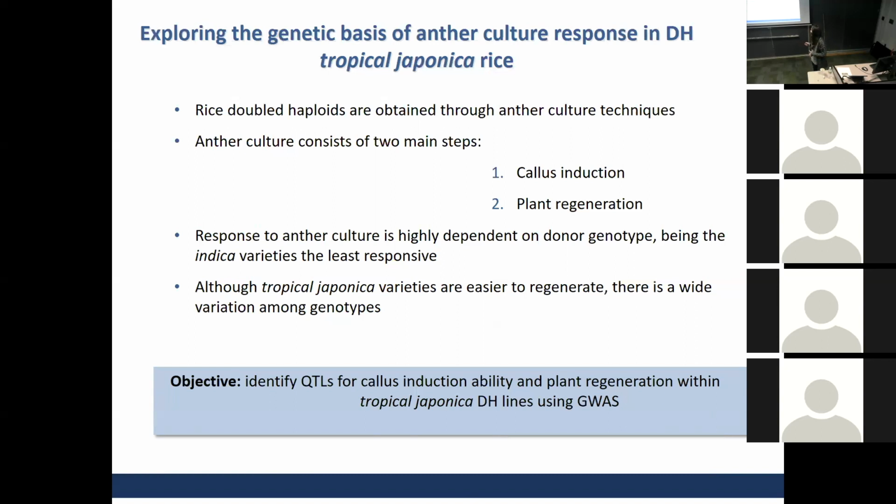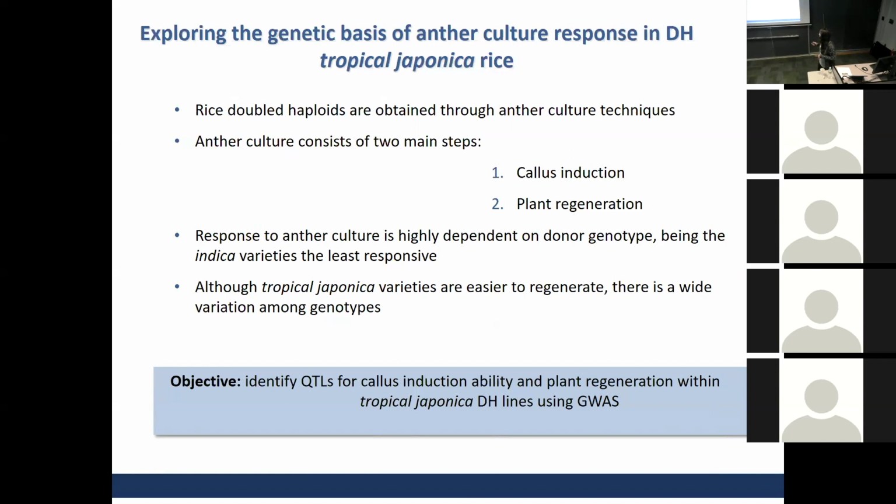So we tried to explore our germplasm for genomic regions associated with anther-culture in our tropical japonica lines. Anther-culture consists of 2 main steps, callus induction and plant regeneration, and these are the 2 main bottlenecks of the process.